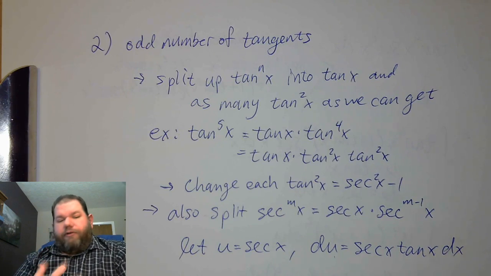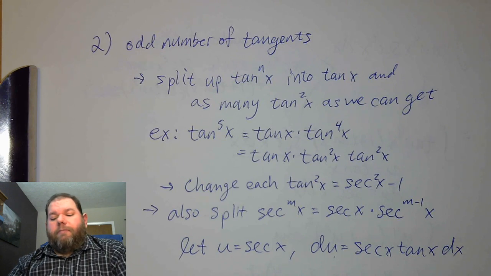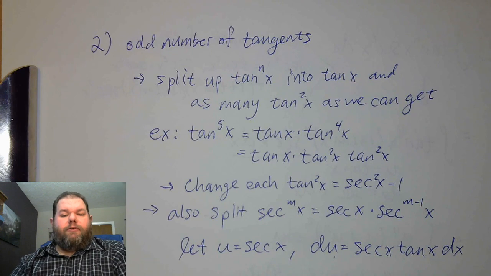So the real issue we're seeing in case 1 for sine and cosine, and then case 1 and 2 for secant and tangent, is that we're basically trying to set up a u substitution by ensuring we have the necessary du to complete that substitution.